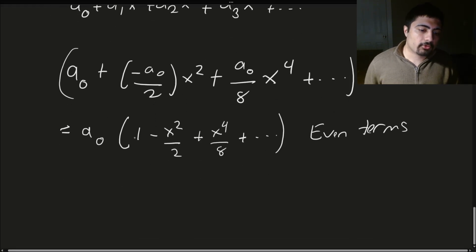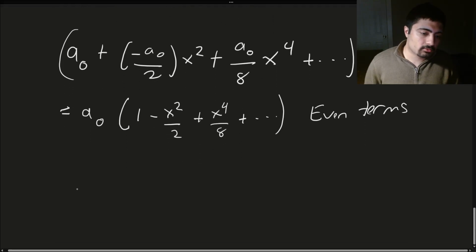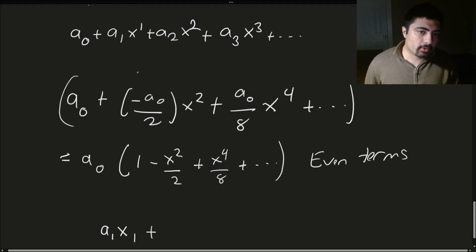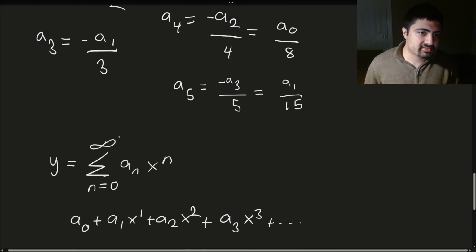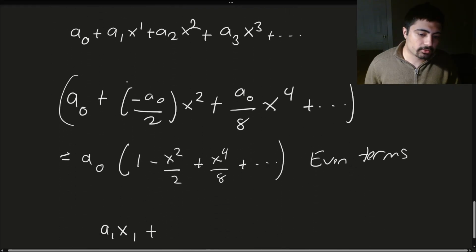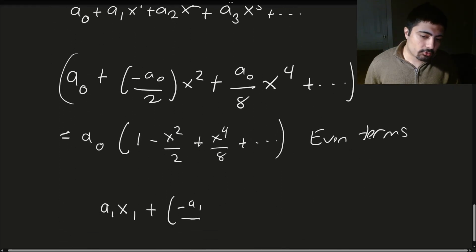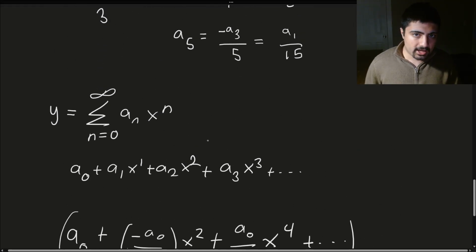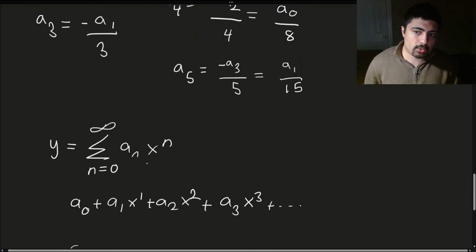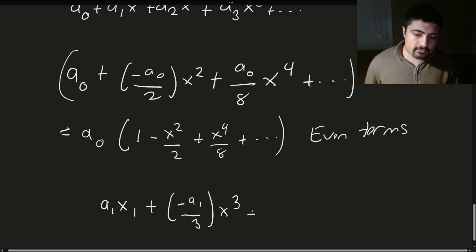Now let's make one for odd terms. So we have a1x. So a1x will be there, plus a3x cubed. So I want to go ahead and find what a3 was. a3 was negative a1 over 3. So we're going to have negative a1 over 3 times x cubed. And now we have a5, and a5 was a1 over 15. So we're going to have a1 over 15 x to the 5th power.